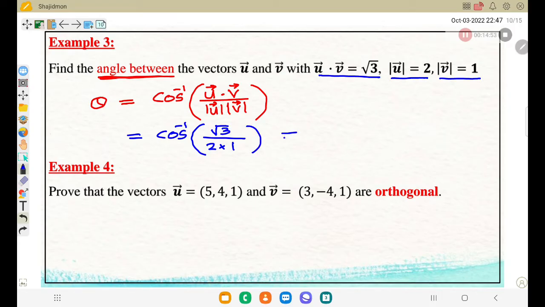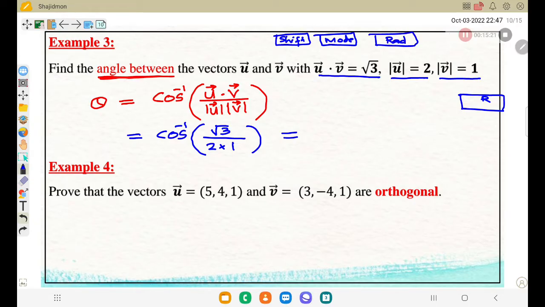You can use your calculator, check what answer you are getting. Just put your calculator in radian mode. Degree mode is also possible, no issue. You know how to change into radian mode: just press the shift button on the calculator, then the mode button, after that select radian.